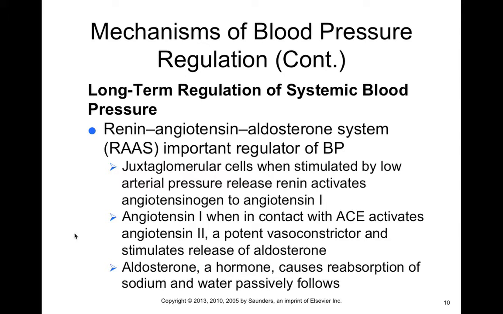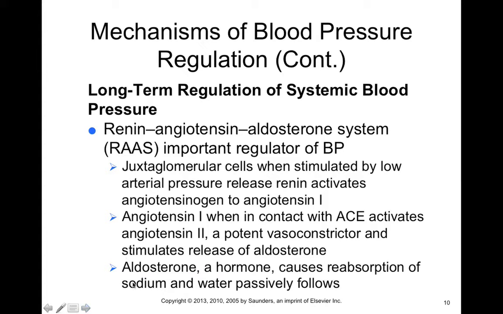For one, angiotensin 2 is a potent vasoconstrictor. So throughout your body, angiotensin 2 can stimulate vasoconstriction of arterioles to increase blood pressure. But angiotensin 2 can also stimulate the release of other hormones like aldosterone, antidiuretic hormone.